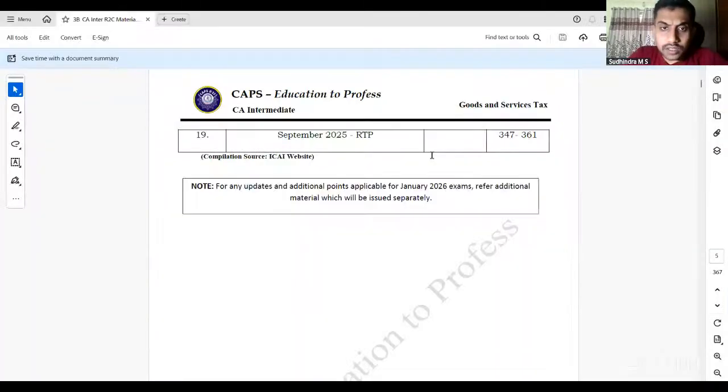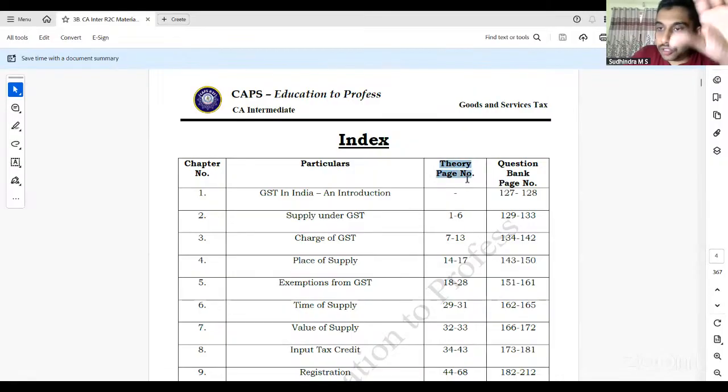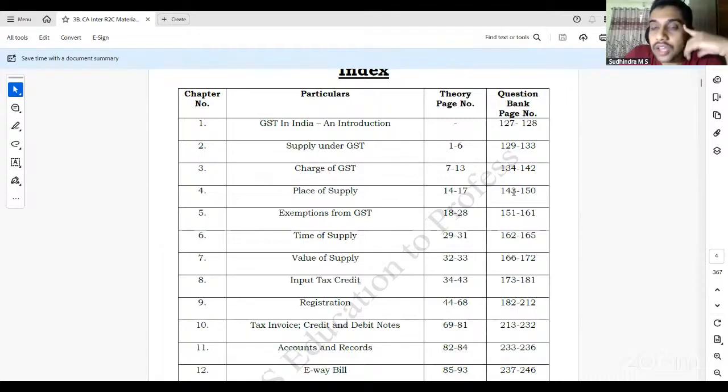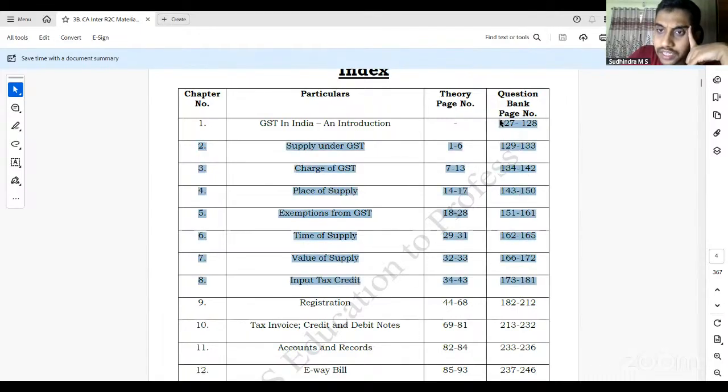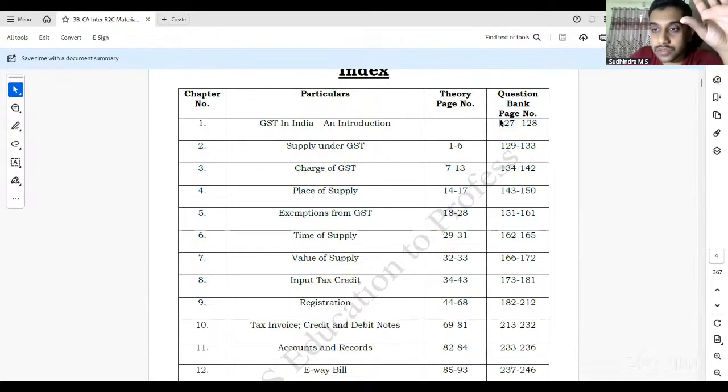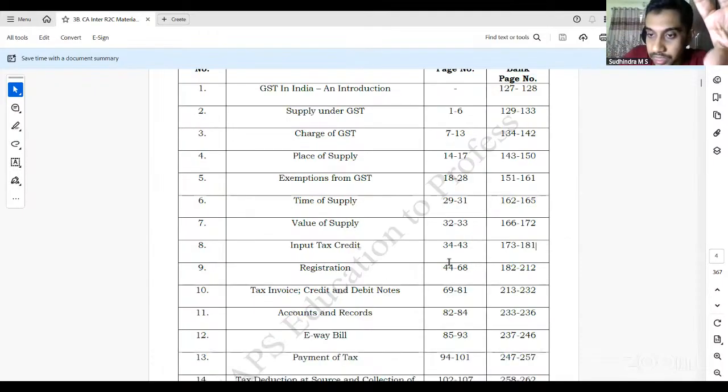So for that purpose we have the revision material, right? I'll just brief about that revision material before we start. Now this has two parts. First part talks about the concepts, and the next part talks about the question bank. In this question bank, till the input tax credit chapter, whichever recent questions are there from examinations, and important questions which are there in the study material, all those questions have been incorporated.